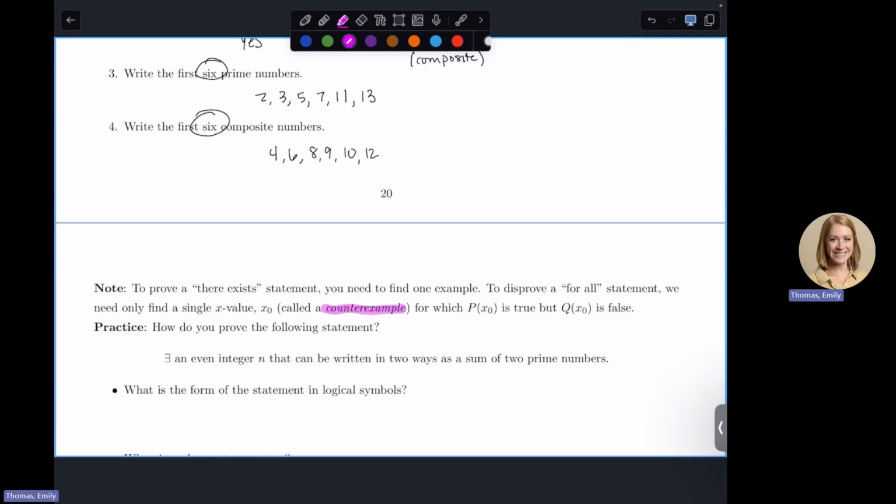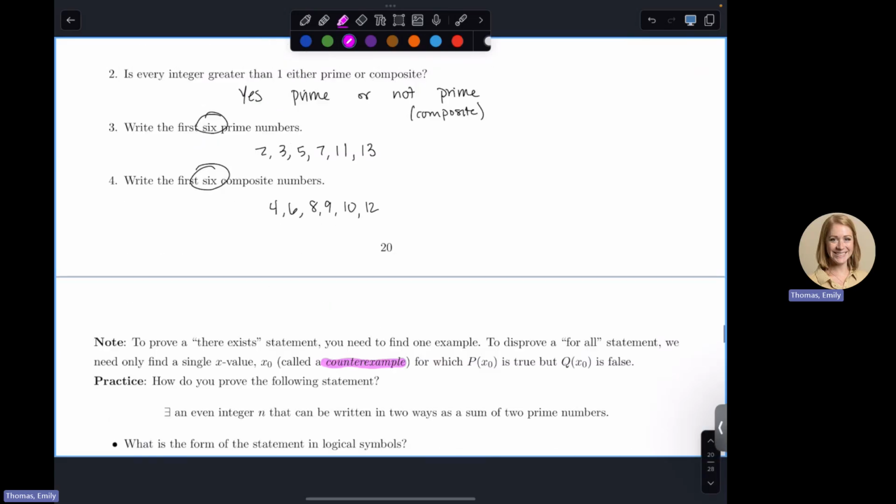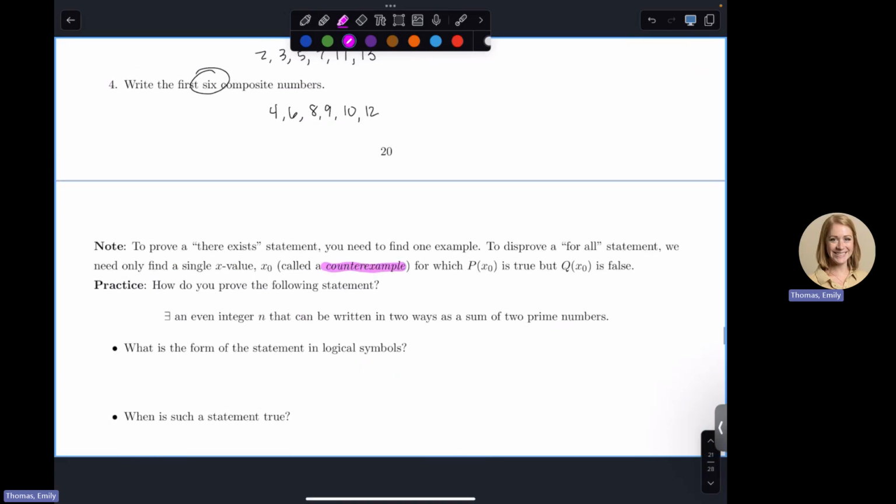Okay. How do we prove this statement? There exists an even integer n that can be written in two ways as a sum of two prime numbers. So a lot to parse there. In logical symbols, this would be something like there exists an n in 2Z.